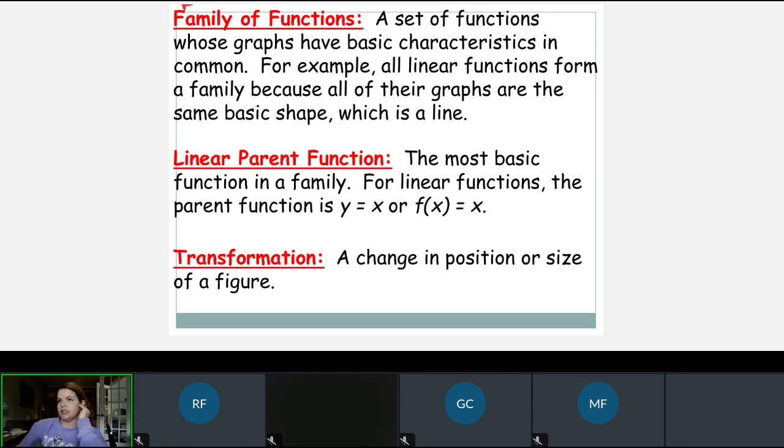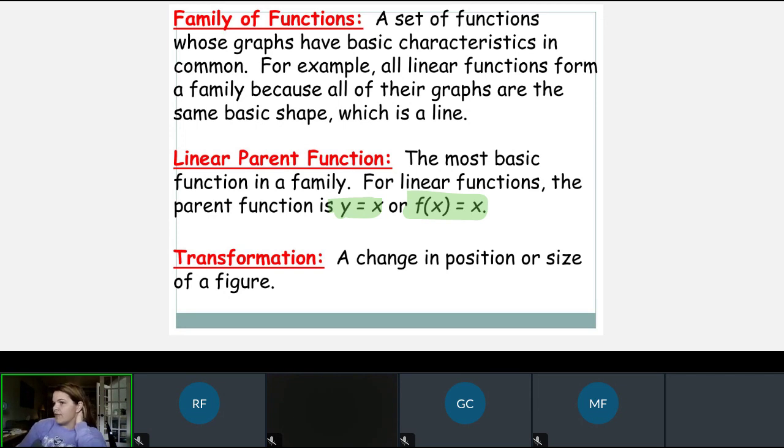For linear functions, the parent function is y equals x, or f of x equals x, because remember, f of x is another way to say y. Okay, so I'm going to show you on the next slide what this looks like.